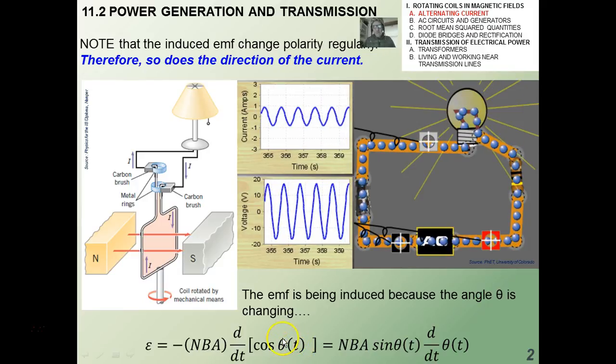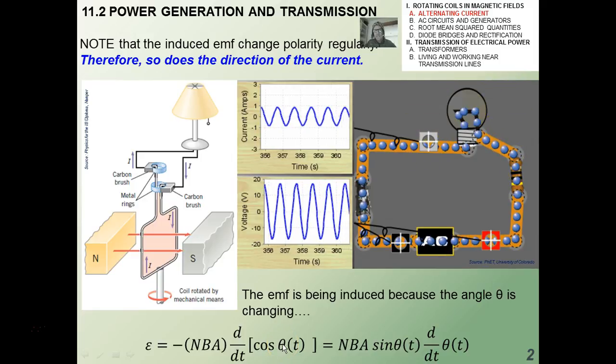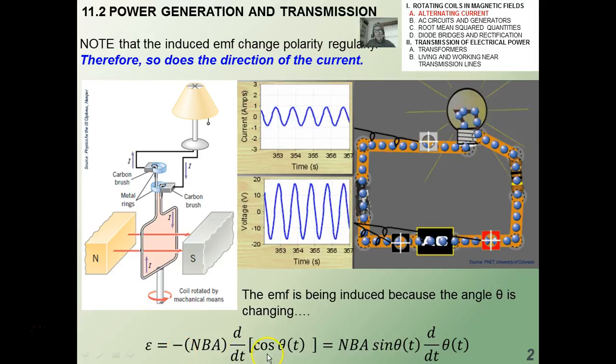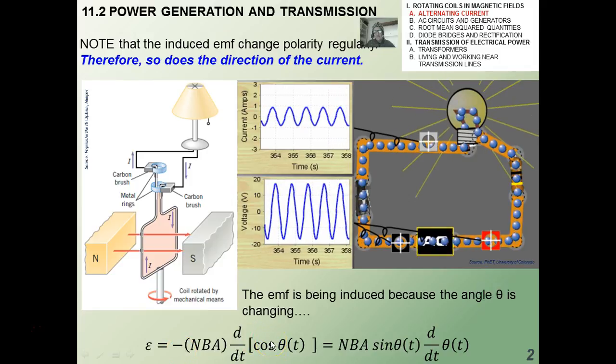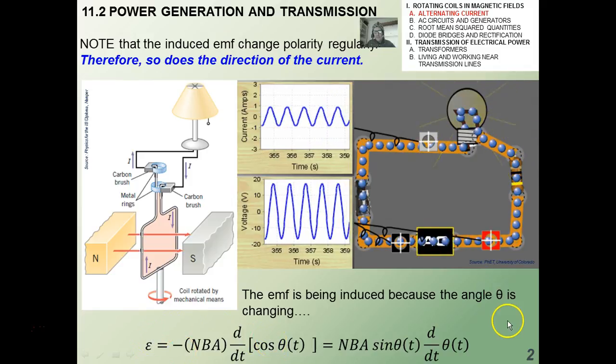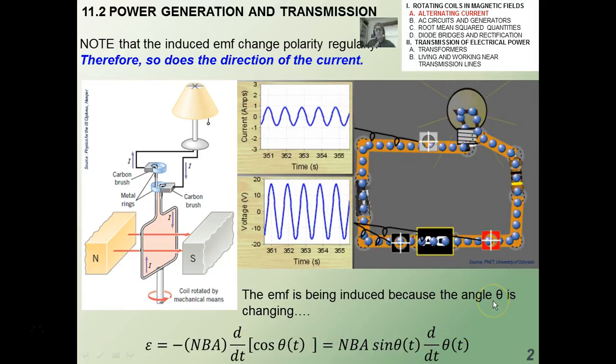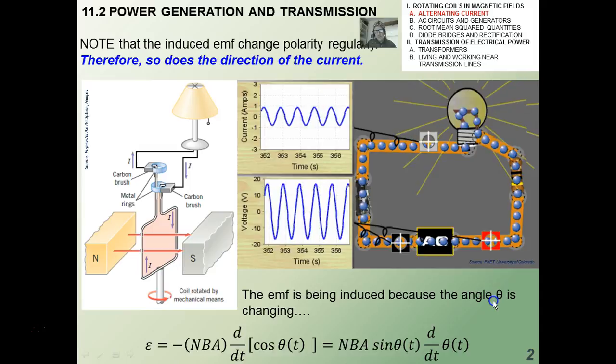So we need to know how the angle is changing as a function of time. I just want to point out that the derivative of the cosine gives the negative sign, such that the induced EMF is of this form right here. This is a very important equation that will be the foundation of everything we talk about in this video.